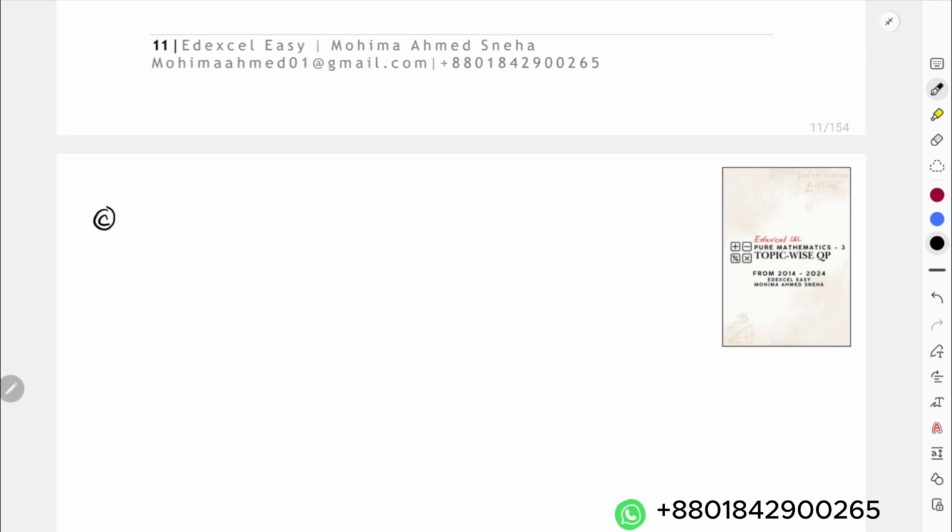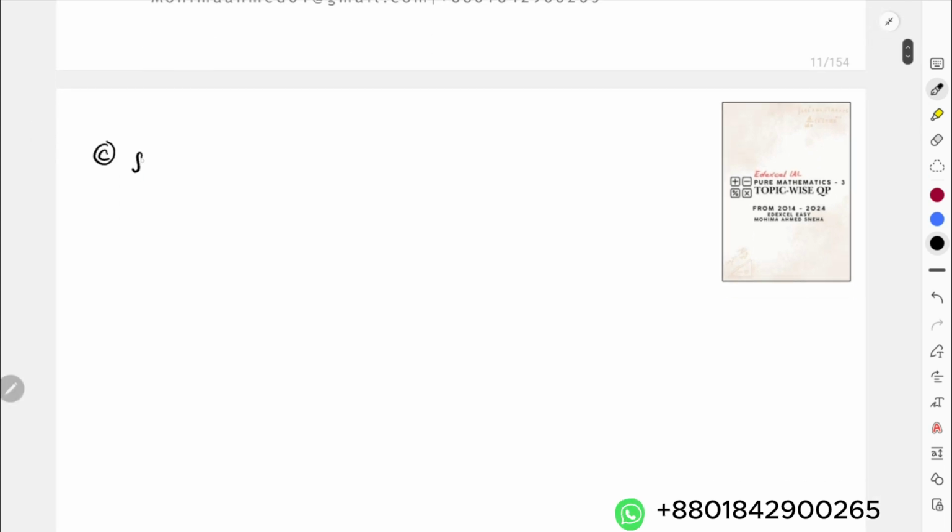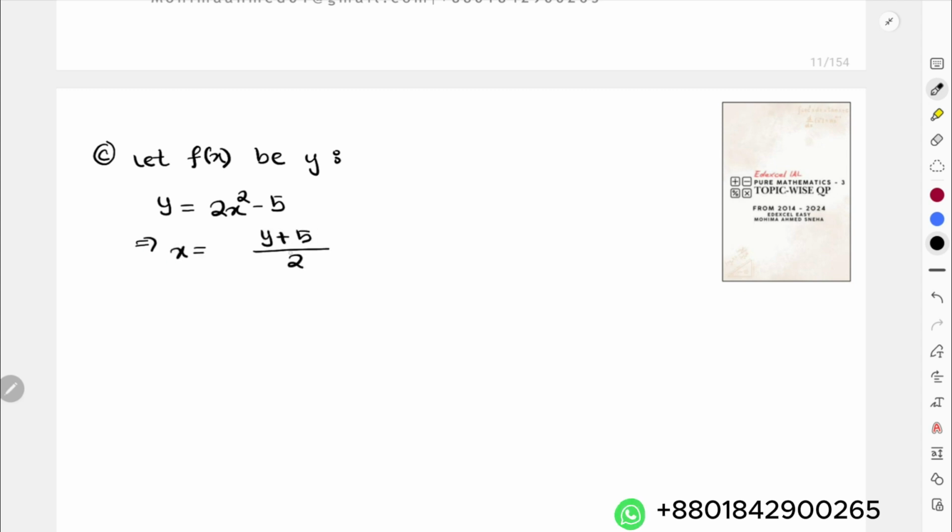This is part C, and for that I'm going to first consider that f of x is y. So if I consider f of x as y, then I can write y equals 2x squared minus 5. So from there I can get x as the square root of (y plus 5) divided by 2, everything under the square root, right?